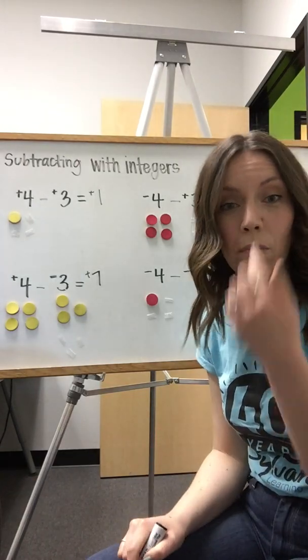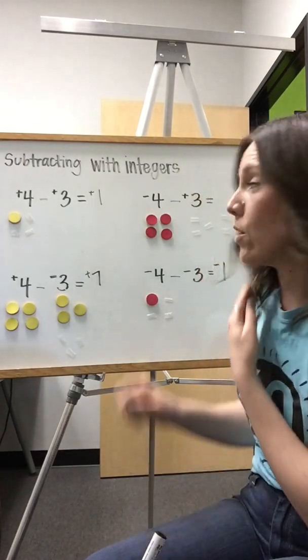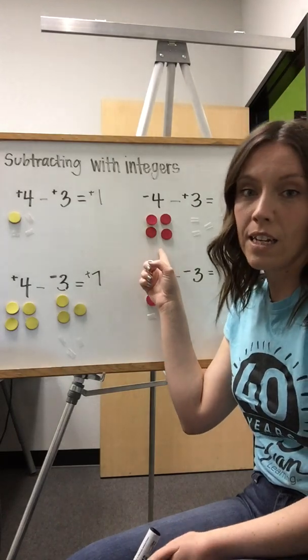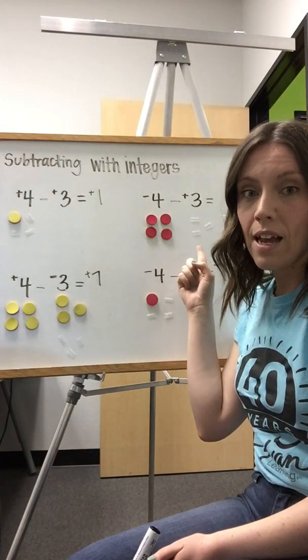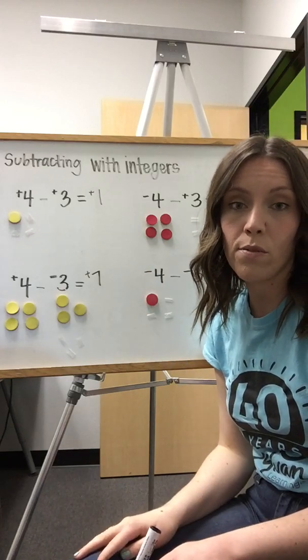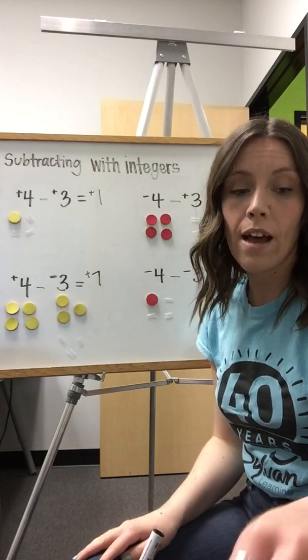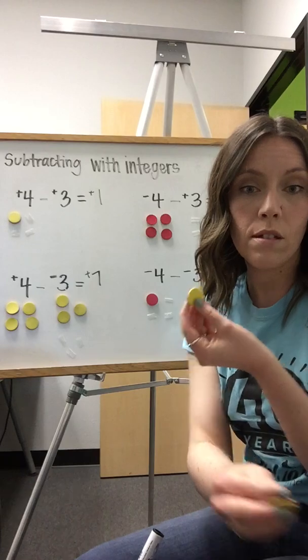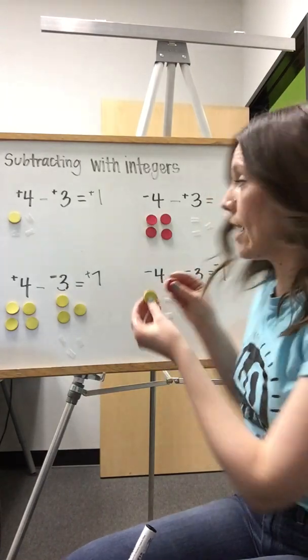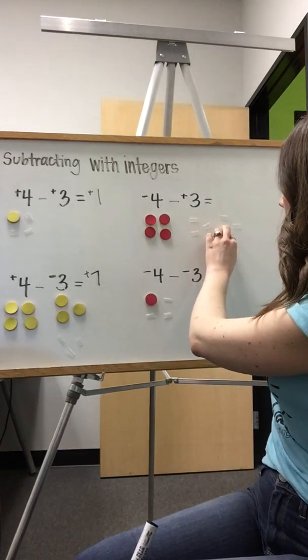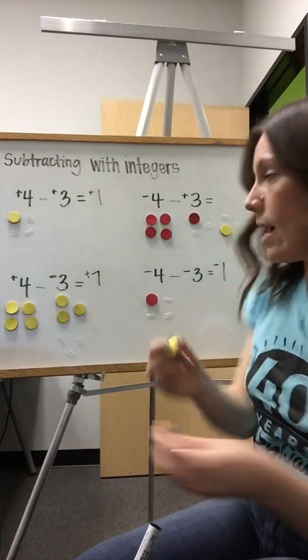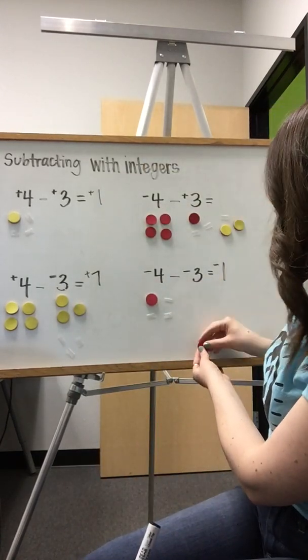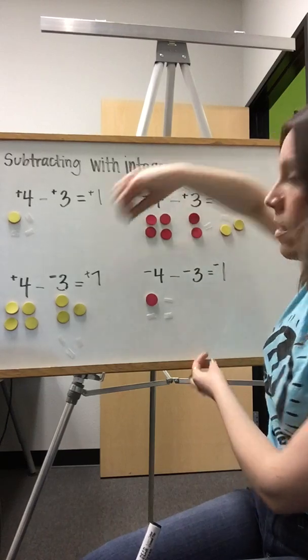Now let's do the same thing, but start with a negative value. So here I have negative 4, and I want to take away positive 3. But again, there's no positive values for me to take away. So for every positive that I introduce, I'll also introduce a negative. And I'll do that 3 times so that I have enough to take away.